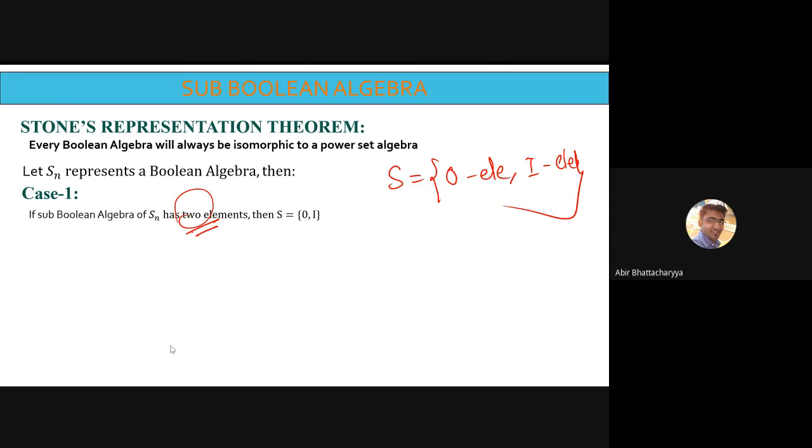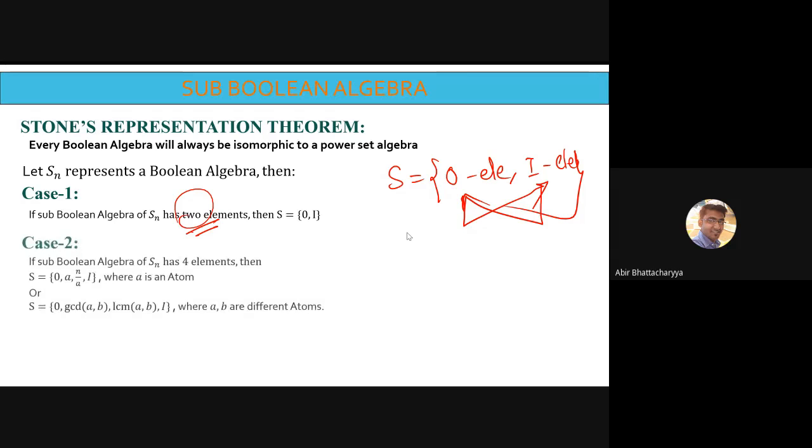Now, why is this so? Because the 0 element and the I element must be there. Otherwise, we cannot find the complement of each and every element. We know that the 0 element has its complement, which is the I element, and the I element has the complement of the 0 element. So they are complements of each other. That's why it is satisfied simultaneously.